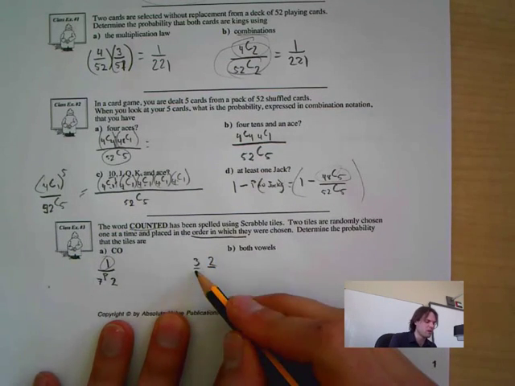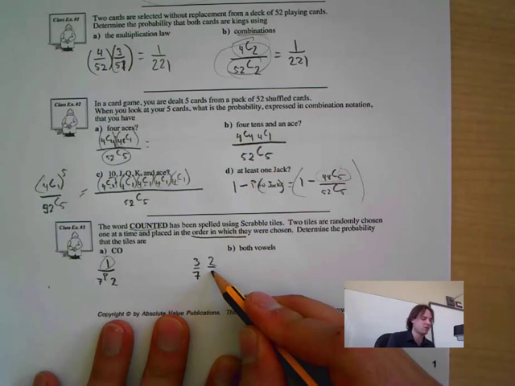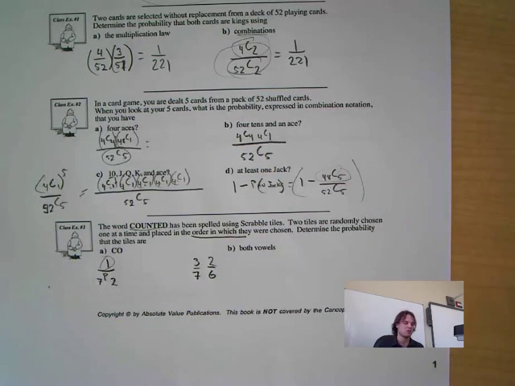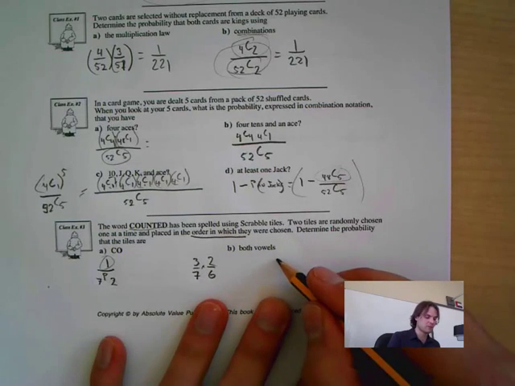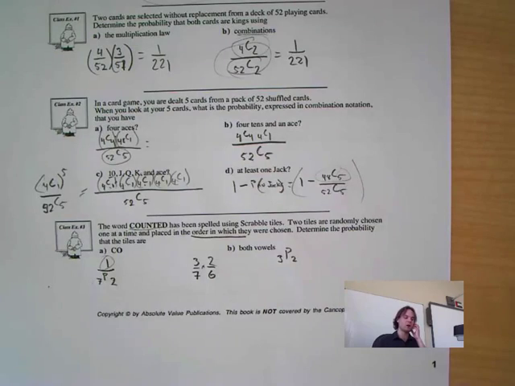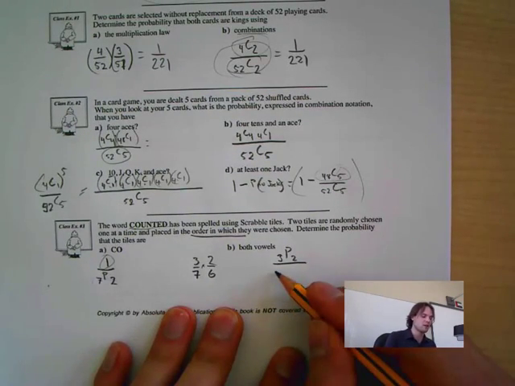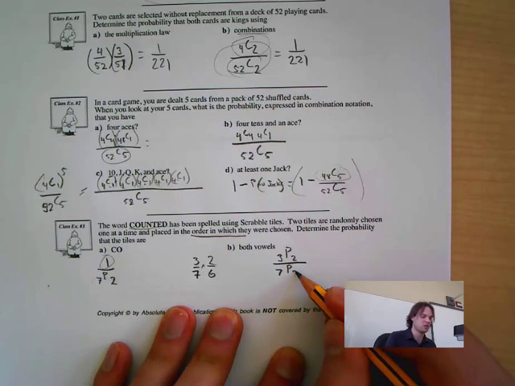Now the bottom, how many do we have altogether? We have 7 for that one, and we have then only 6 for the next one. So we could do it this way, which is a nice little short way, or we could use permutations. Well, we have, out of 3 vowels, we're only wanting vowels, and out of 3, we're picking 2, permutation 2. Out of 7, permutation 2.